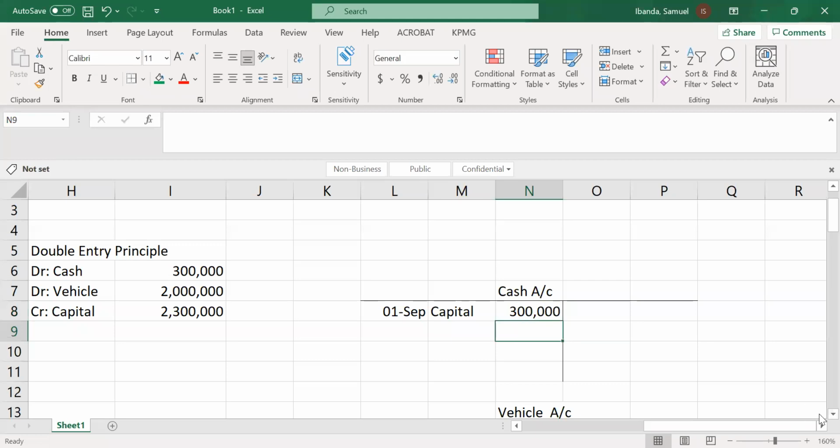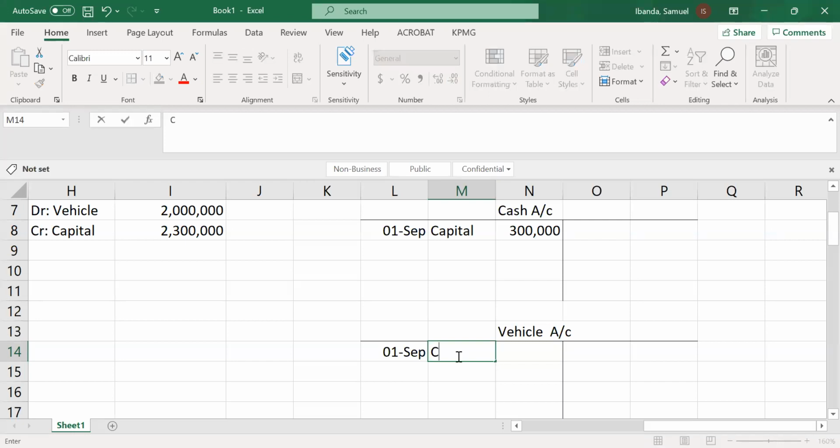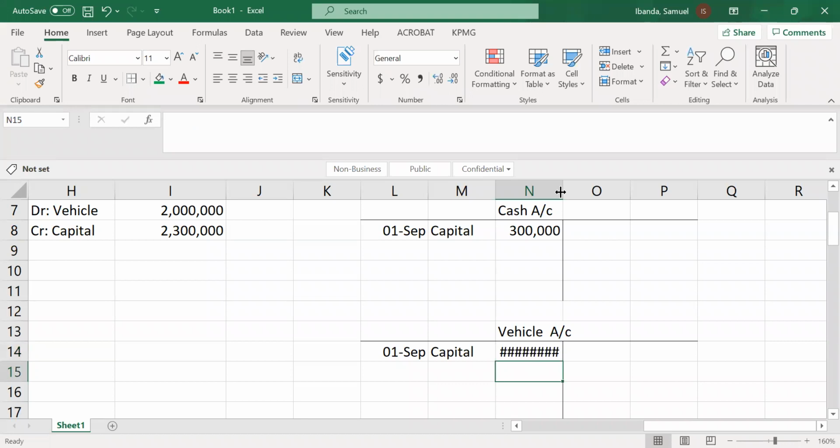I'll come to the vehicle, still on the same day, 1st September, and say capital. I'll not say vehicle again because I can't record vehicle in the same vehicle account. So I record using the alternative account so that in case somebody wants to trace where that vehicle came from, they can easily go to the other account.